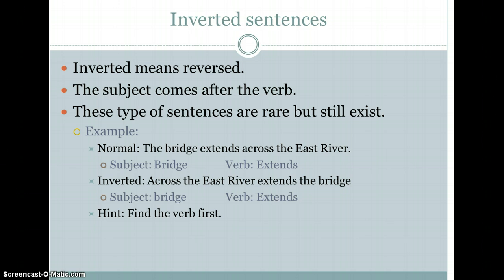Okay? So that's where you really could get confused and caught up in this. So find the verb first. The verb is extends. Who or what extends? The bridge. If you're a Star Wars fan, I call this Yoda speech, if you've ever heard Yoda talk.